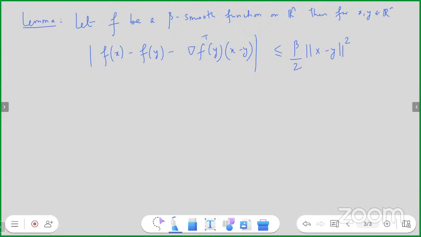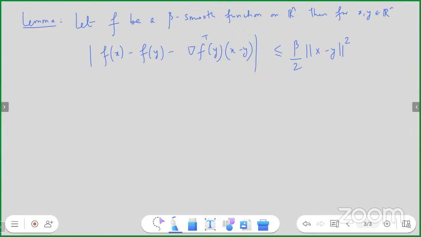We can take f of y to be equal to f of x plus the Taylor expansion, gradient at x and so on. But both will not cancel if you do that. If you do that, one f of x and one f of y will survive. Somehow you want to write all of this in terms of what you actually started with.